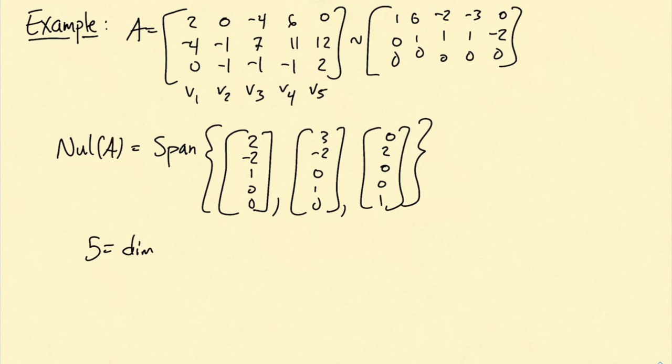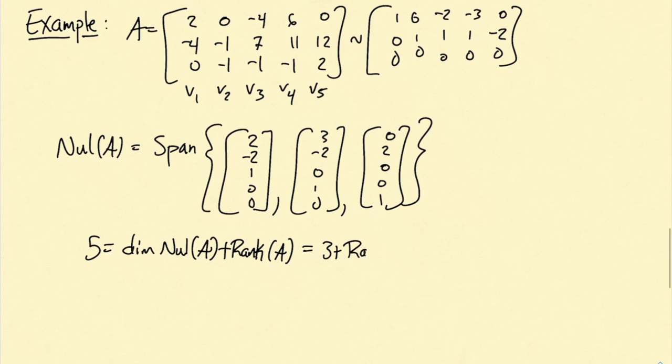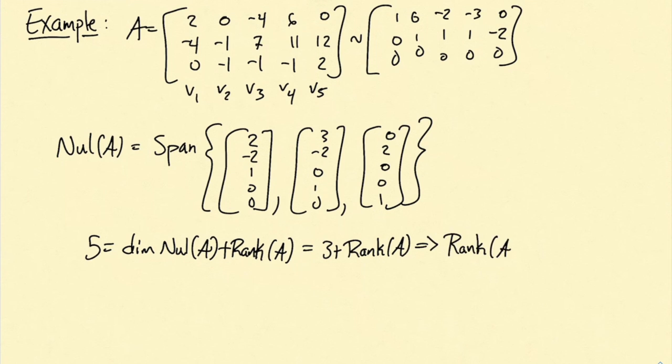The rank nullity theorem tells us that 5 is equal to the dimension of the null space of A plus the rank of A, which is 3 plus the rank of A, so the rank of A must be 2. This tells us that our column space is a plane inside of R3.